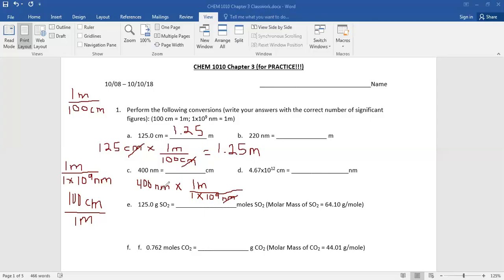The nanometers cancel. And then I'll multiply by the second conversion factor. I want centimeters, so centimeters go into the numerator. And I'm getting rid of meters. Meters go in the denominator.